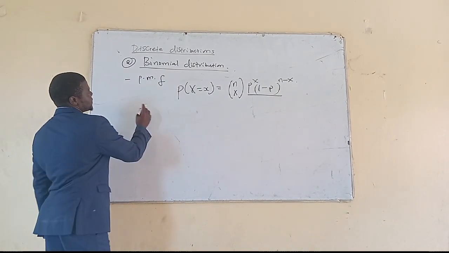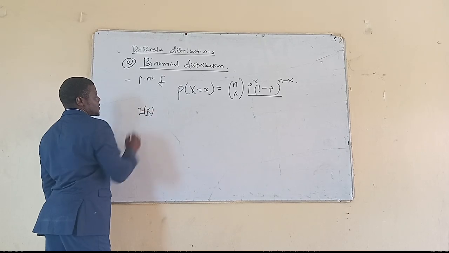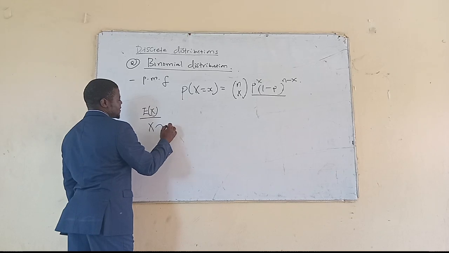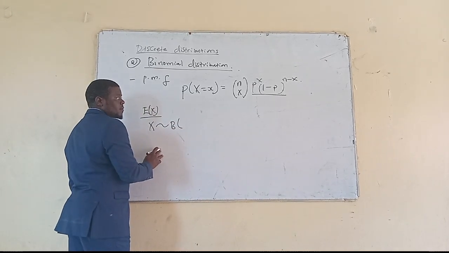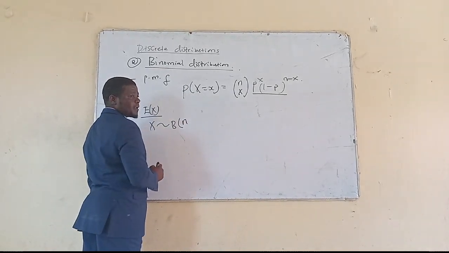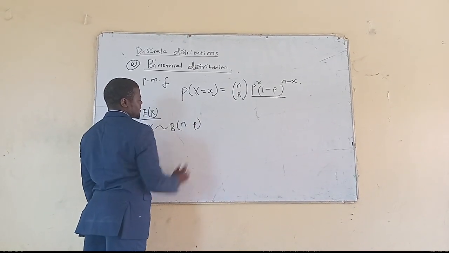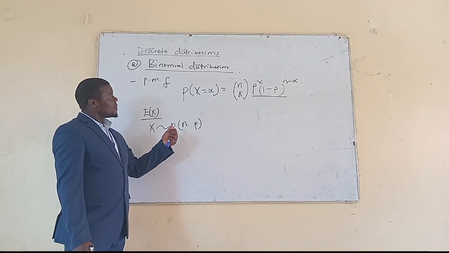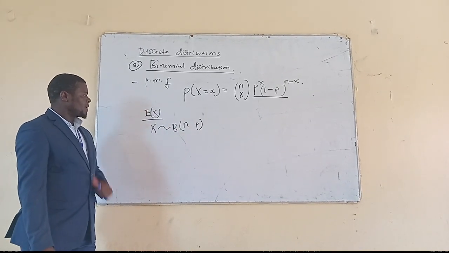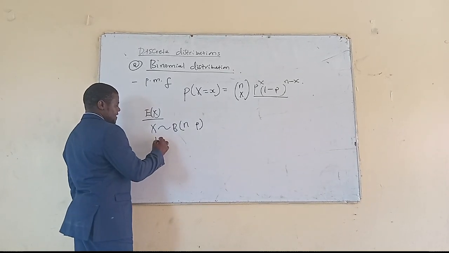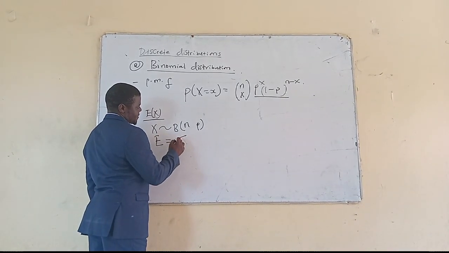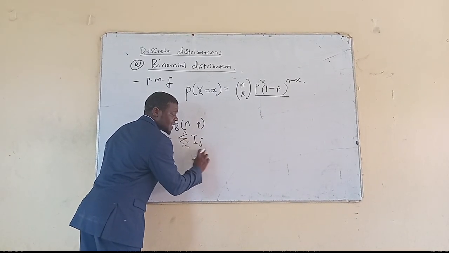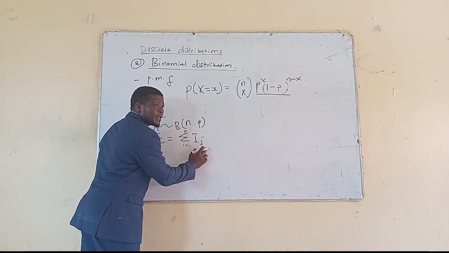So the expectation of x: x is a binomial distribution with n independent trials and p success, but there is a relationship between binomial and Bernoulli. It means x is the sum from i equal to 1 up to n of I_i, where I_i is the indicator variable for a Bernoulli distribution.